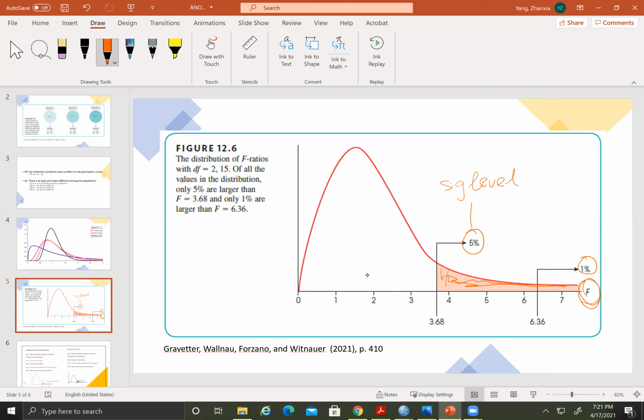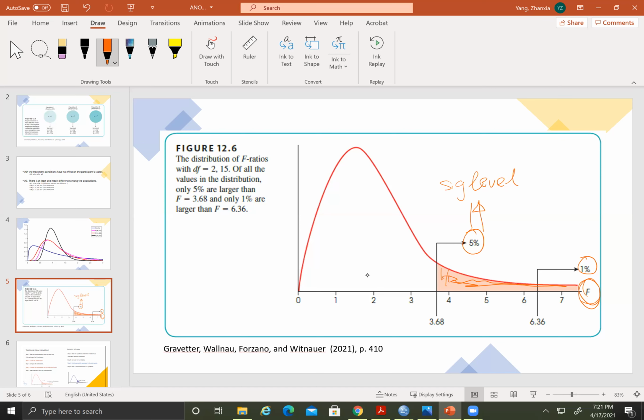So what we do basically is we try to see whether the probability of whatever F value we have from our data is greater or less than the significance level we chose. And the significance level, again, is arbitrarily decided by researchers, and usually in our field it's 0.05.